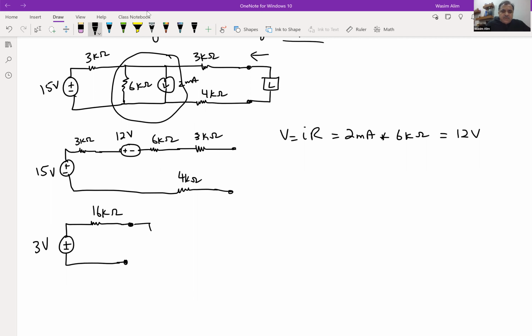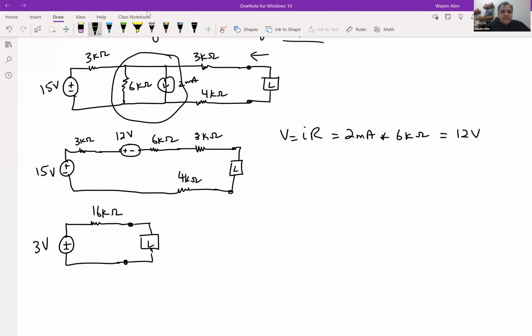Okay, so from the load perspective, this is what we're going to get. I thought it would be open circuit, but it's not open circuit. There's a load connected there. The load could be a short circuit or any quantity there. So you have the 3 volt and 16 kilo ohm resistance.